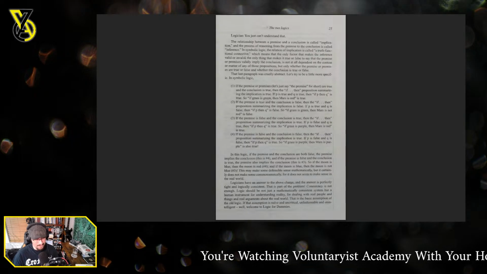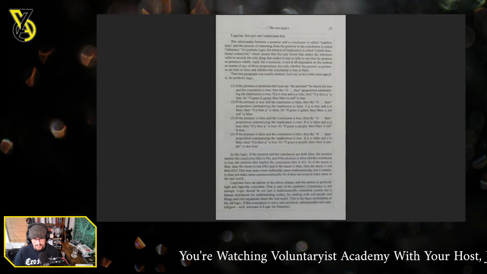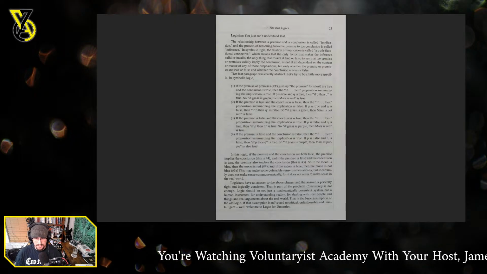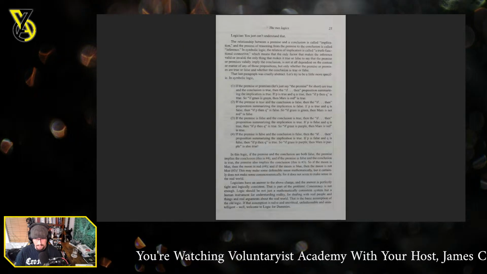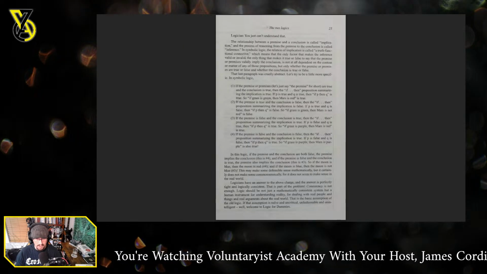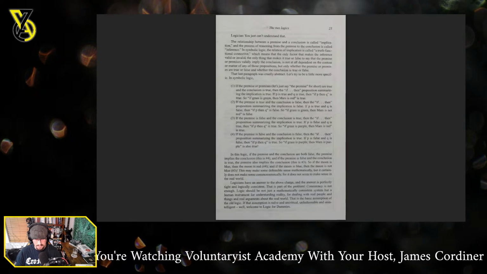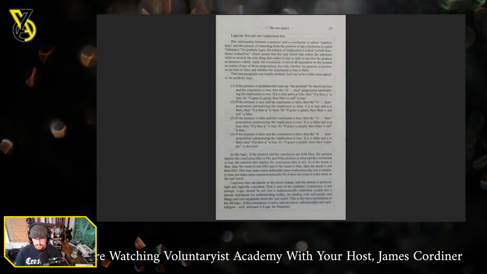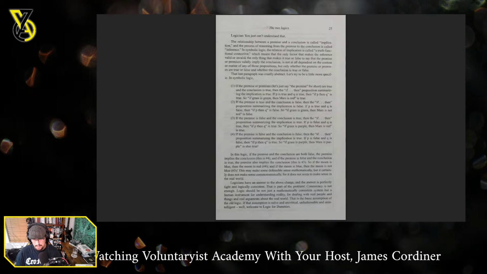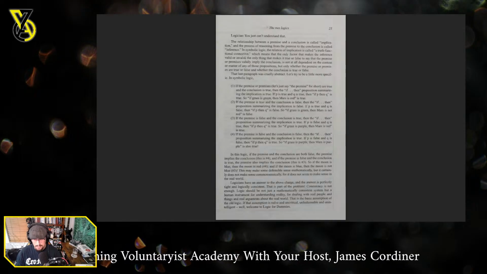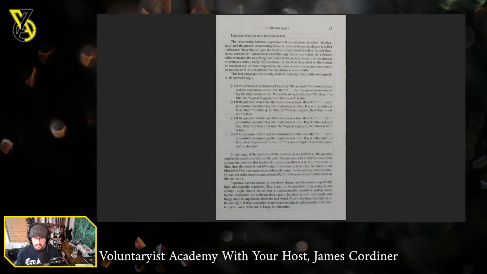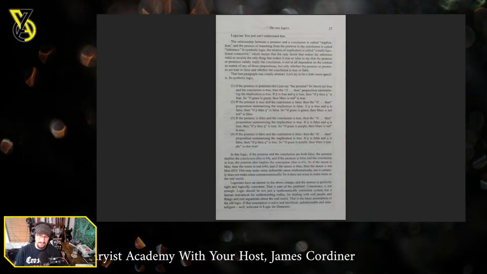Now, number 4, if the premise is false and the conclusion is false, then the if-then proposition summarizing the implication is true. If P is false and Q is false, then if P then Q is true, okay? So if grass is purple, then Mars is purple is also true.